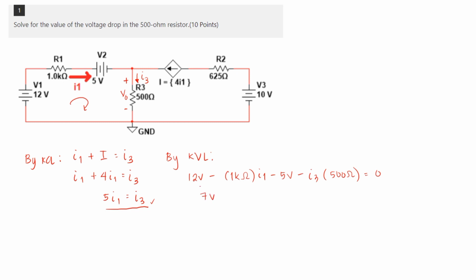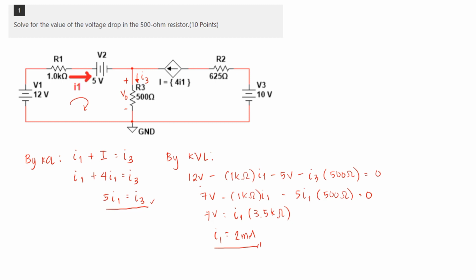But we have here 5I1 equal to I3, so let's just substitute it in this equation. And there you go, we have an equation that has only I1. So we have 7 volts equal to I1 multiplied by 1K plus 5 times 500. That's 3.5 kilo ohm, or I1 is equal to 2 milliampere.